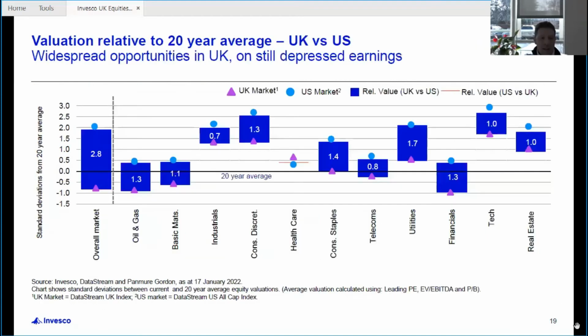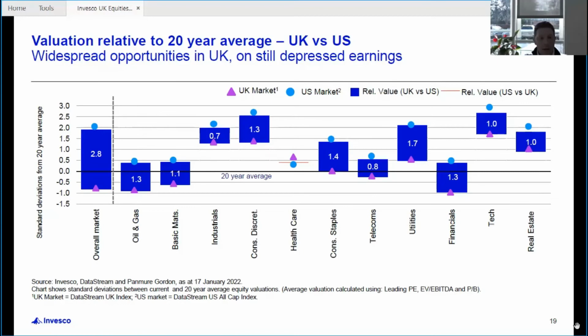And then on the next slide, and this almost remakes the point that it's not just about the tech sector. Again, we've got now 11 sectors where the pink triangles are the UK market, the blue dots are the US market, and this is how many standard deviations away from their 20-year average the valuation of each of those sectors in those two markets sit today.